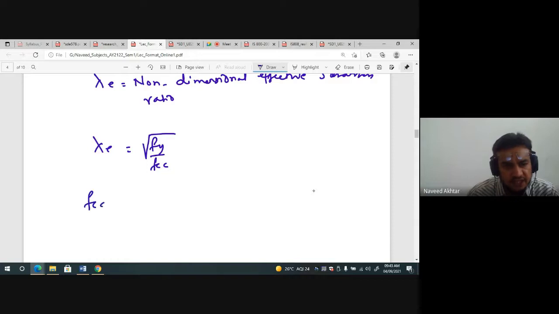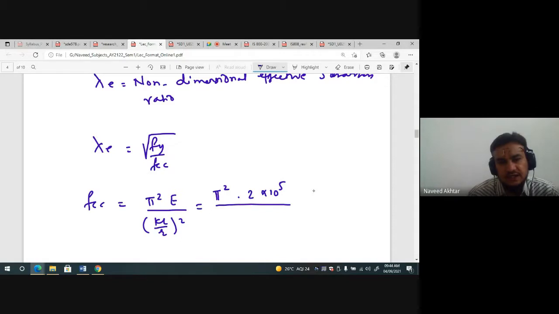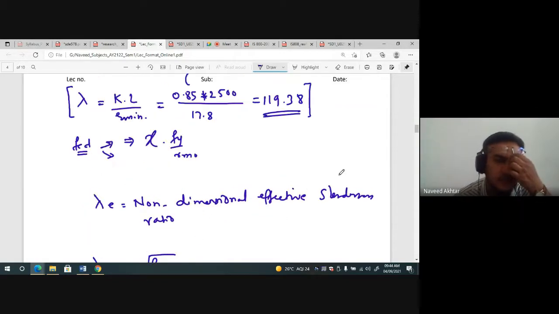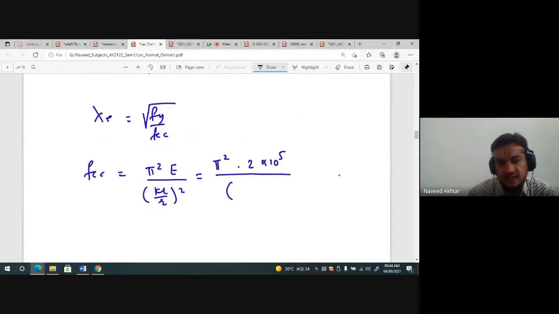Now what is the FCC? It is nothing but pi square E upon KL by R square. So pi square into E, which is 2 into 10 raised to 5 for steel, and the lambda value we just found, 119.38 square.